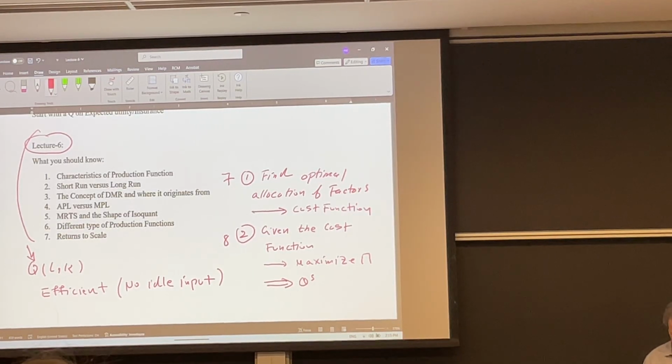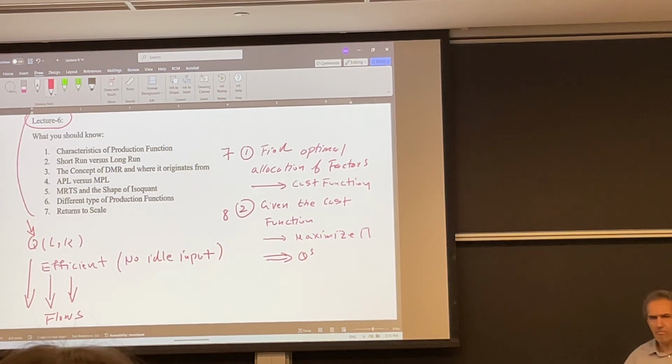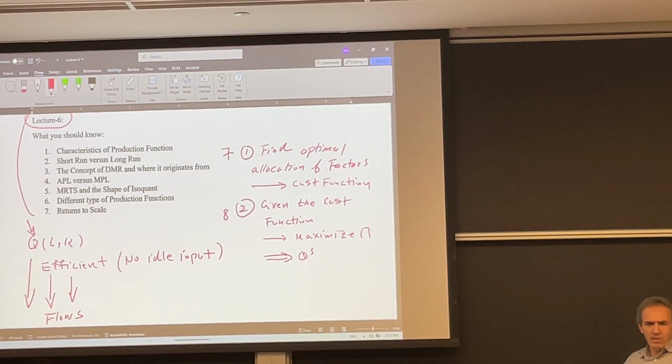Anyway, we assume, well, we don't assume, the production function is defined so that all the numbers are flows. In micro, the inputs are flows, the output is a flow. That's not what you have, that's how much. The inputs aren't how much input you have, they are rather how much of the input you use in a given period of time.